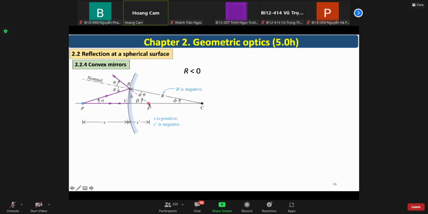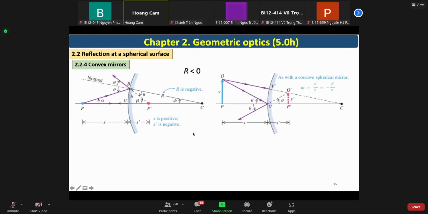So we got alpha, beta, and the angle at the center of curvature, phi, and we will have the relationship M equals Y prime over Y equals minus S prime over S. We can prove that as well. And here is the case of the point object, and similarly we have the extended object right here, PQ.